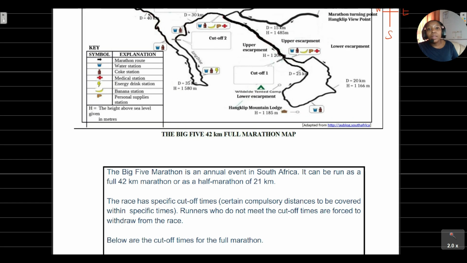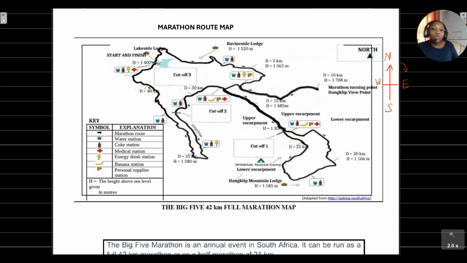Let's say, for example, the cutoff time for cutoff number one is that they give you an hour to get to that point, and you don't reach that point in an hour, then they cut you off. That basically means you can't continue with the marathon because you haven't met the requirement for the time that you must be at that point.